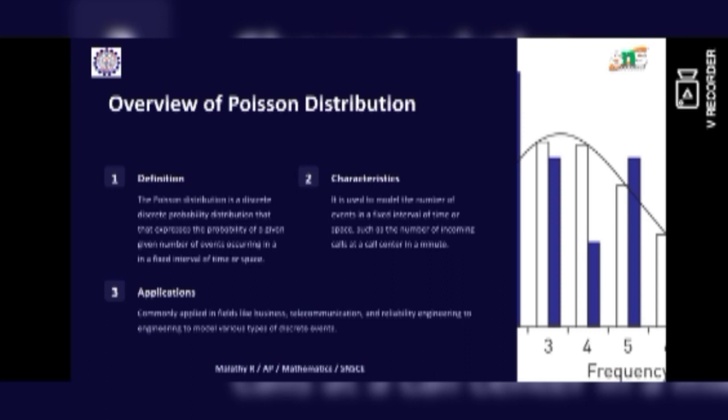So if at a time you are having more than one response, we have to go for the Poisson distribution. For that I have given the example of a call center. At a time we may have one call or two calls, so we have to go for the Poisson distribution. It is commonly used in business, telecommunication, and reliability engineering to model various types of discrete events.